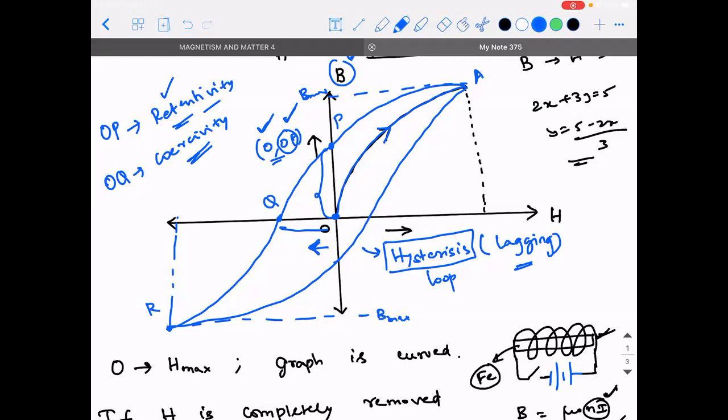So retentivity is a property of the ferromagnetic substance to retain its what? To retain its magnetism even on the removal of the external magnetizing field. Now, if I look at the point Q, what are going to be the coordinates of point Q? The coordinates of point Q will be minus h comma o.